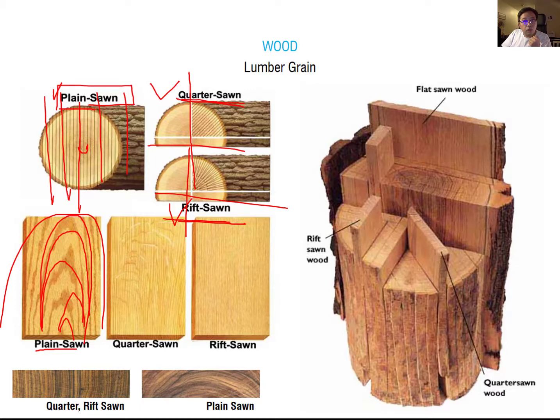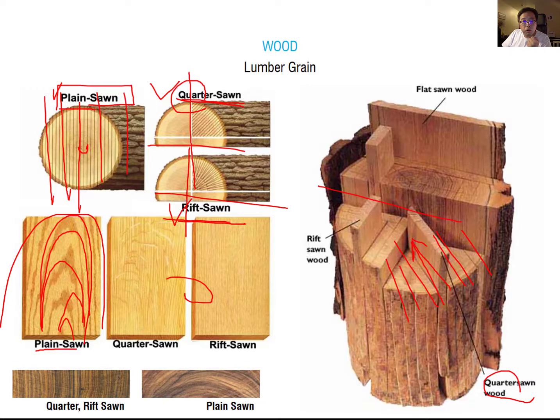Here you see the quarter sawn and rift sawn. The quarter sawn is simply cutting at 45 degrees after cutting the corner of the timber log. So you can see the 45 degree angle. And when you cut these 45 degree angles from the quarter sawn, you can see these types of texture.